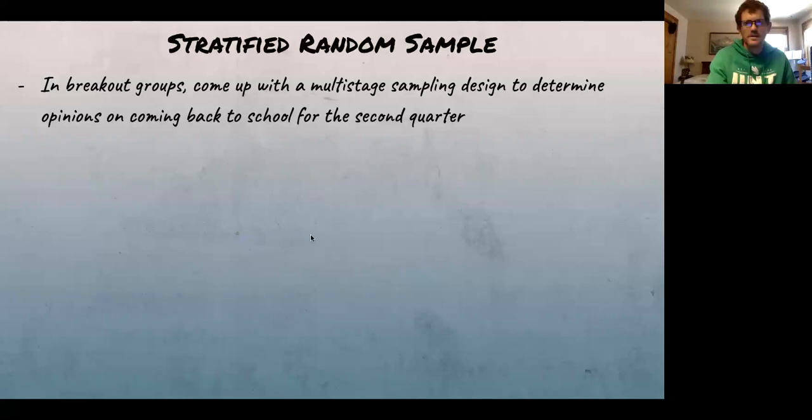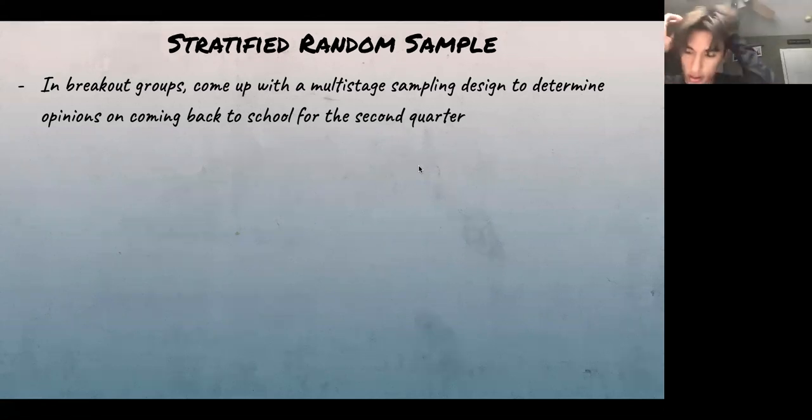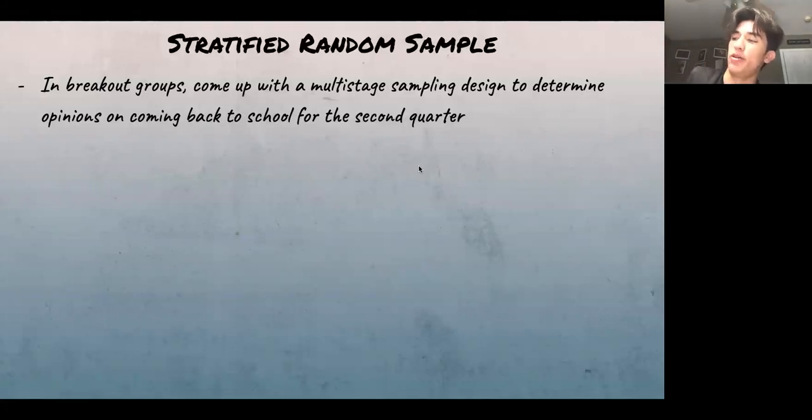Okay, so any volunteer to say what kind of sample design did you come up with for this question? We said going by grade and then having cluster samples inside those grades.